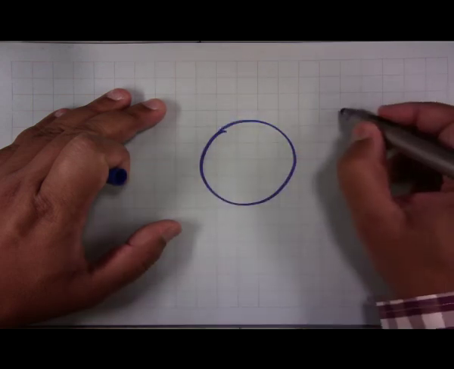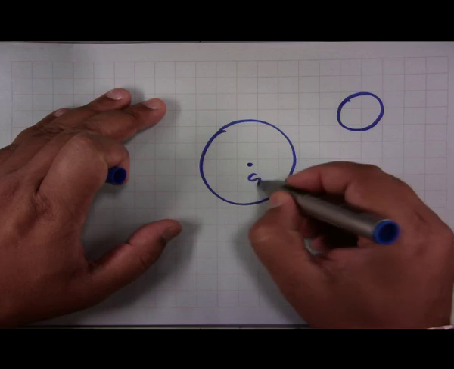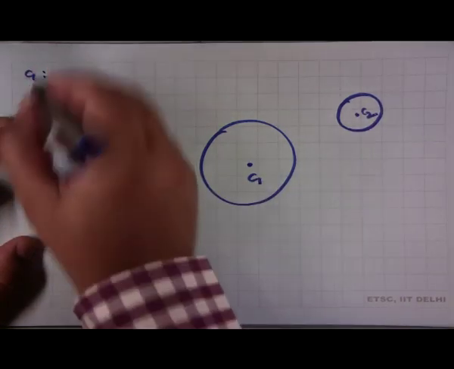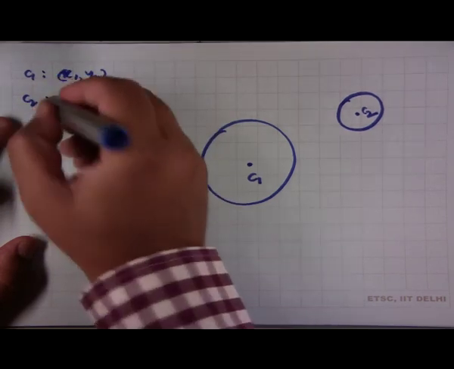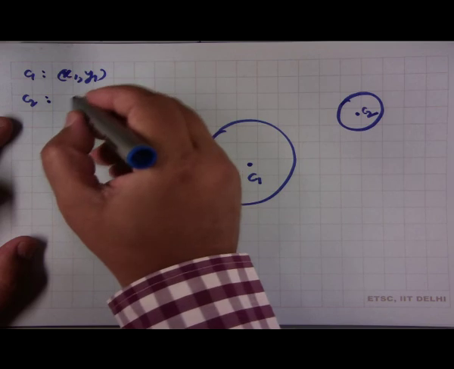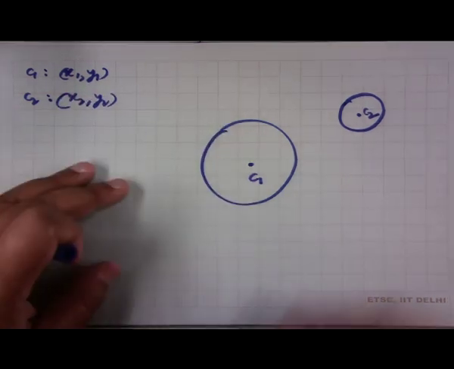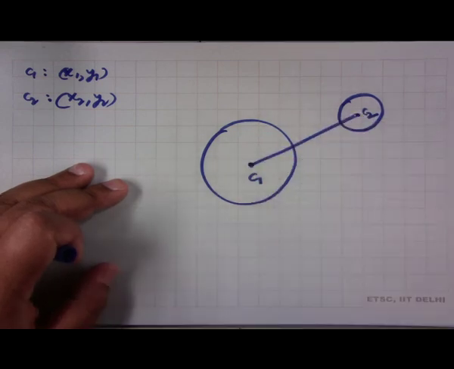So, let these be the two given circles with centers C1 and C2. C1 is the center of the first circle having coordinates x1, y1. C2 is the center of the second circle with coordinates x2, y2, and let C1C2 be the line joining the two centers.